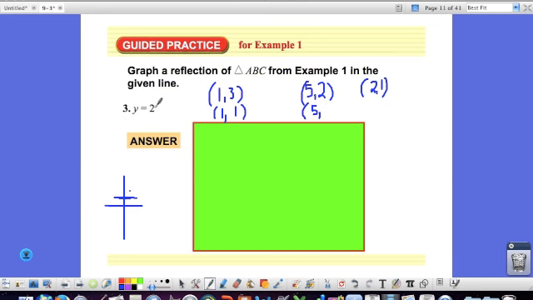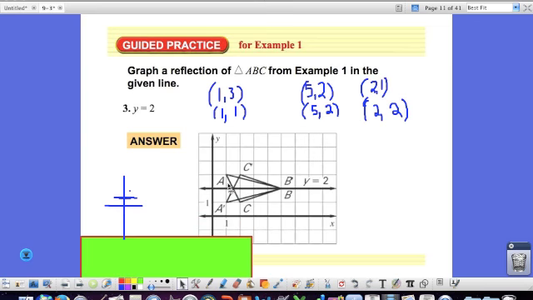Remember, since we're reflecting over y, our x values don't change. So y is 2, we're on the line, that stays the same place. And for the last point, we don't change our x value. Our 1 is 1 below the line of reflection, so now it's going to move to 1 above the reflection.